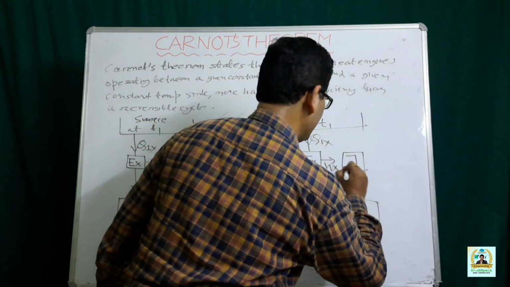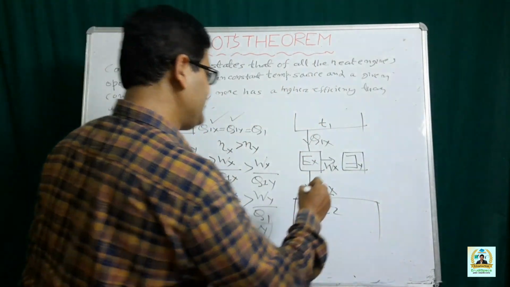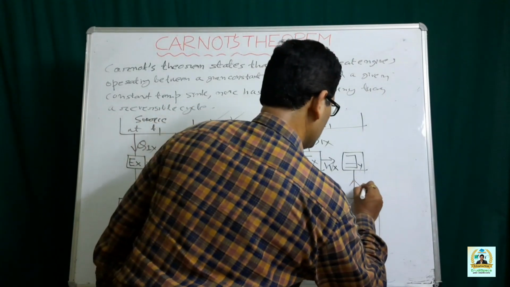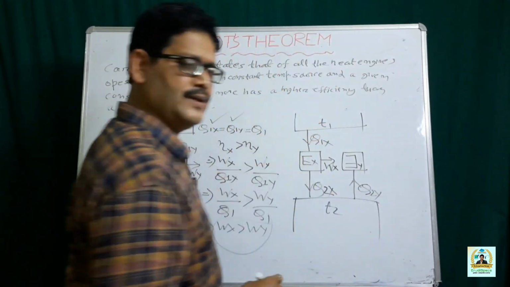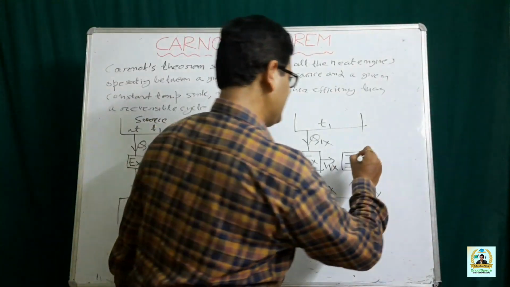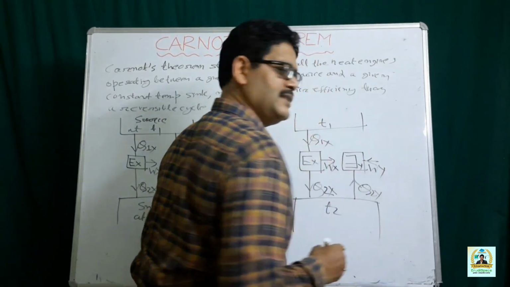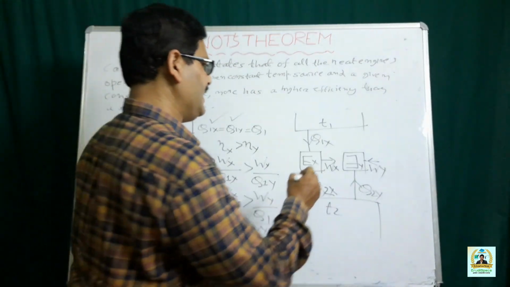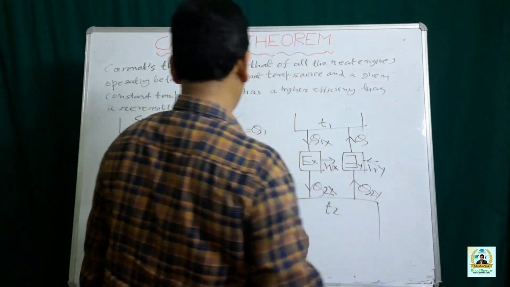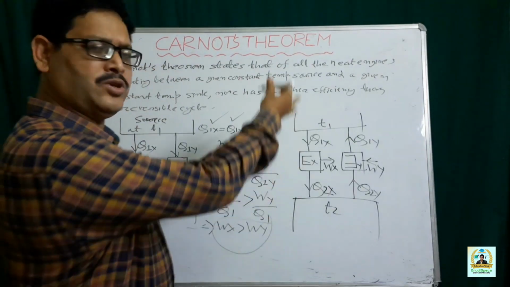So now this becomes a reversed heat engine and it is actually extracting Q2y amount of heat from the sink, this is the work that is done upon it, and then it is delivering Q1y amount of heat to the source.